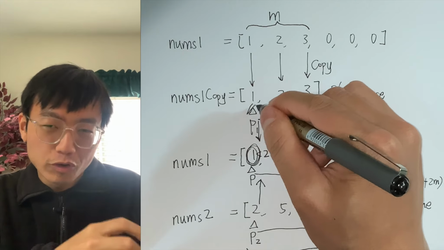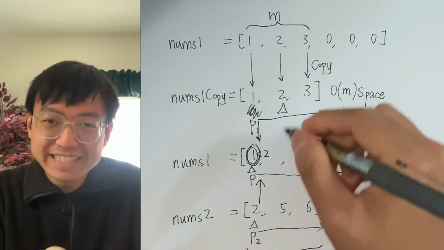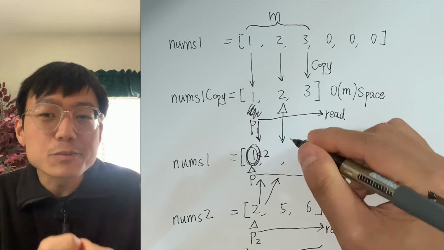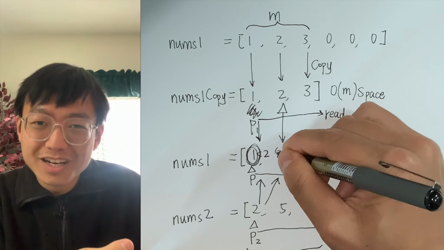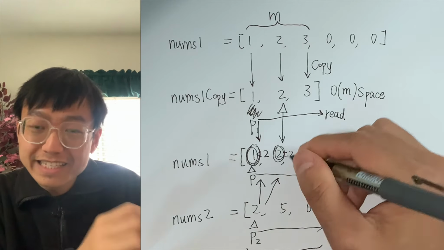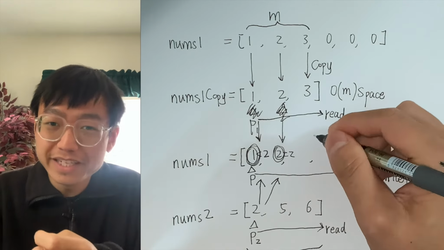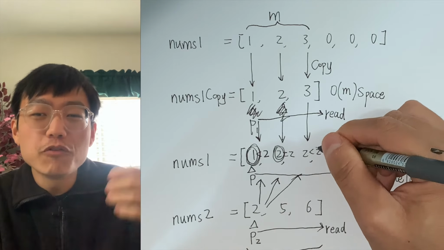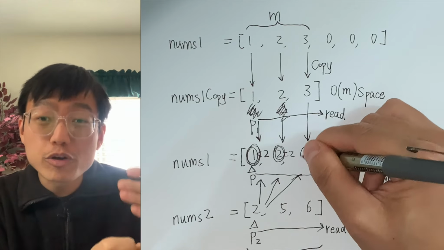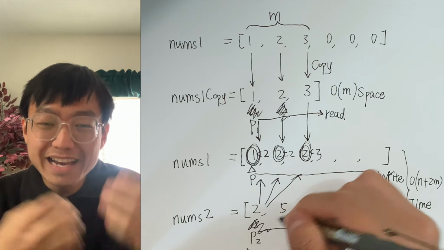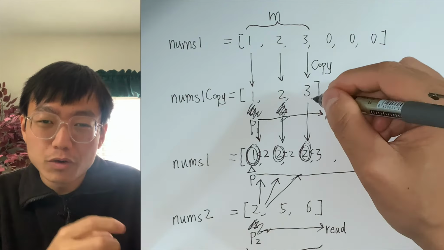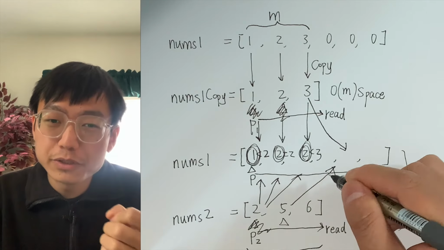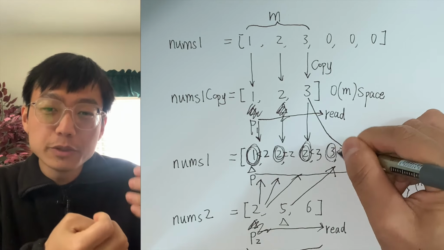If nums1 copy at p1 exists and is less than or equal to nums2 at p2, then nums1 copy at p1 is smaller. So we take it and write it into nums1 at p. Because we just used p1, we increment p1 by 1. Else, nums1 copy at p1 is greater than nums2 at p2, so nums2 at p2 is smaller.